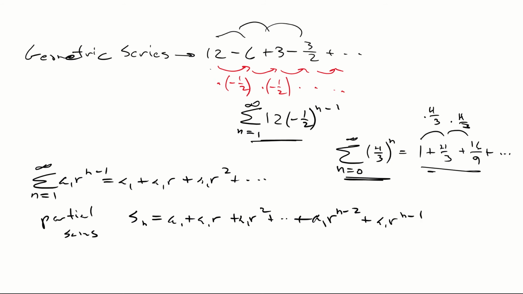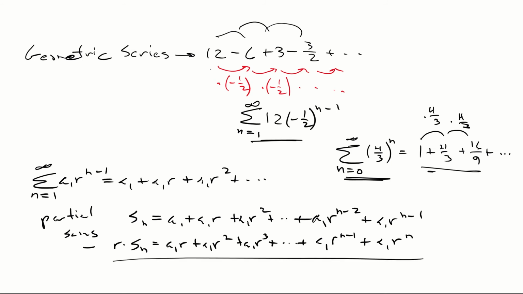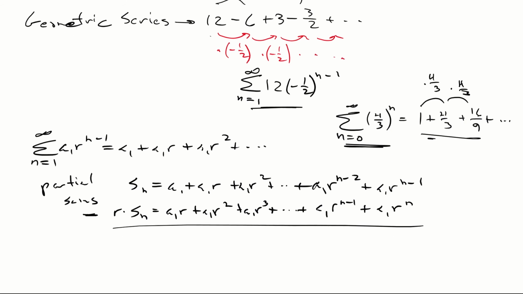The next trick is to write underneath it the same thing but multiplied by r. That gives A1r plus A1r squared plus A1r cubed plus ... plus, with another factor of r, A1r to the n minus 1, and out here, A1r to the n. Then in textbooks, they say subtract these.